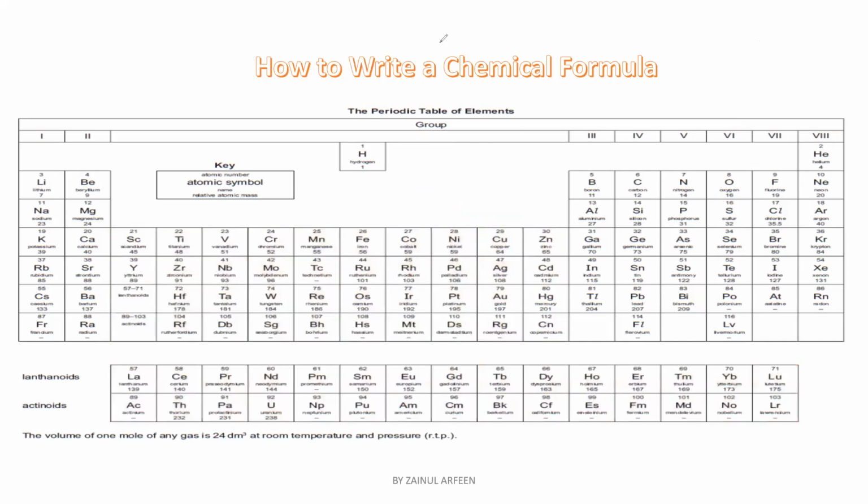Another example, if I say I have iron 2 oxide, iron and then Roman number 2, and then oxygen is their oxide. So we write the symbol for iron, which is Fe, and the symbol for oxygen, O. Iron is +2 and oxygen is -2 because oxygen belongs to group 6.